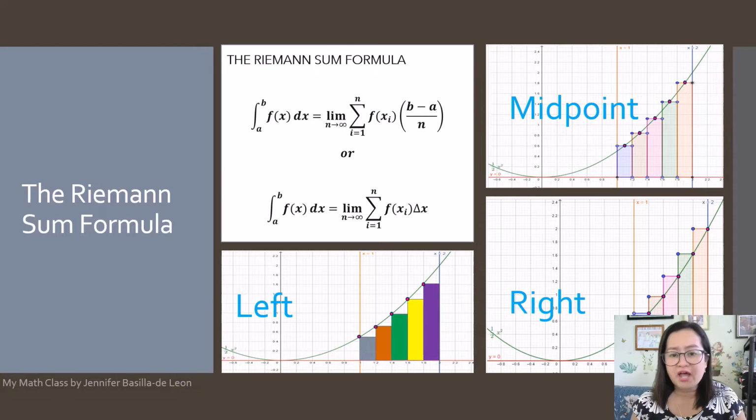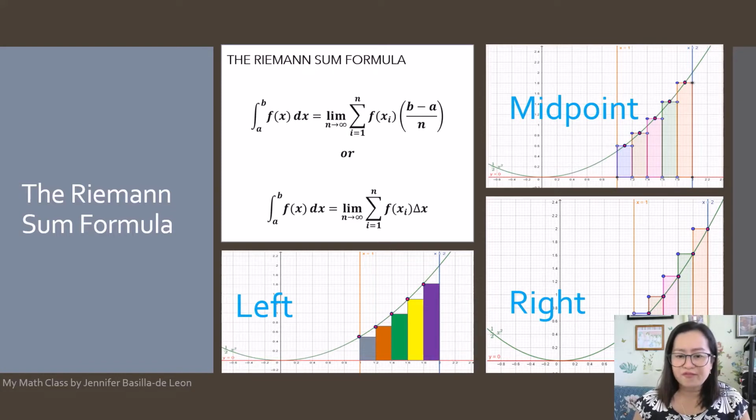Or we can have the limit of the summation of f of x sub i times delta x, where i starts from 1 up to n and n approaches positive infinity. The Riemann sum formula is like adding all the rectangles that can fit into that particular area.